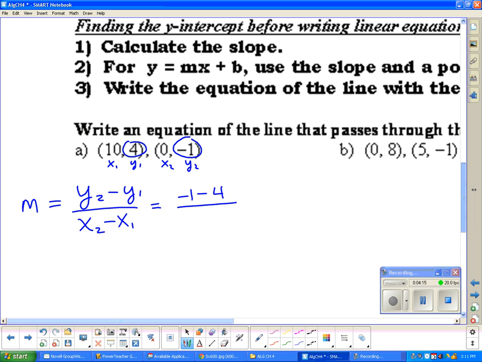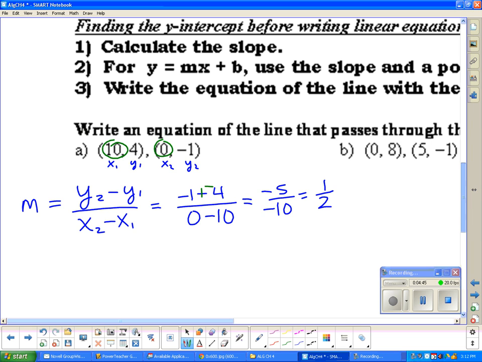I'm going to take this 0 and my 10, which are my x's, and I'll get 0 minus 10. It might be easier to do plus a negative 4, or you can just think of it as minus another 4, but I'll get a negative 5 on top, and then I'll get a negative 10 on the bottom, which, because it's a negative over negative, I'll end up with positive 1 over 2, because 2 5s will fit into a 10.